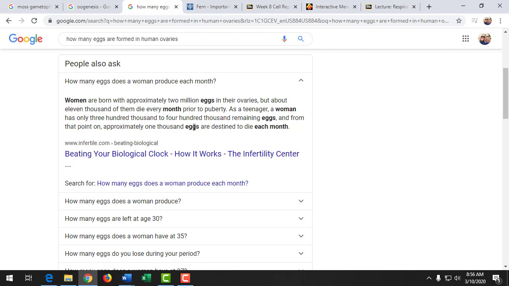And then another 1,000 die each month. So it's kind of a depressing process, isn't it? But we're all here because of a surviving egg in our parents, right? So it works. Every egg for every possibility. Exactly. So it controls our population, doesn't it?